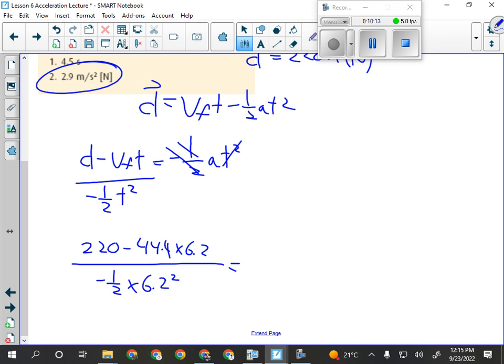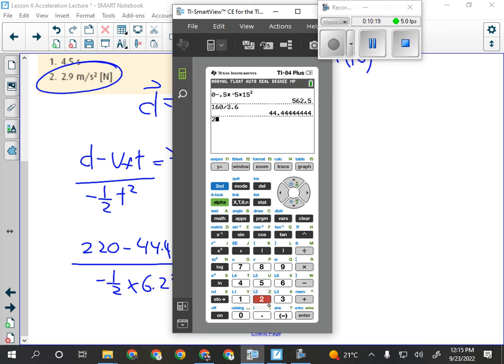This will produce a negative number on the top. So 220 minus that times 6.2 gives me negative 55. If I divide that by negative 0.5 times 6.2 squared, I get 2.9 meters per second squared. It's positive.